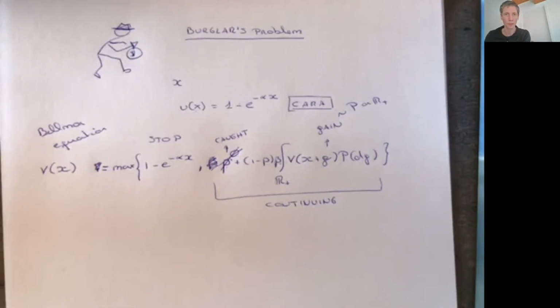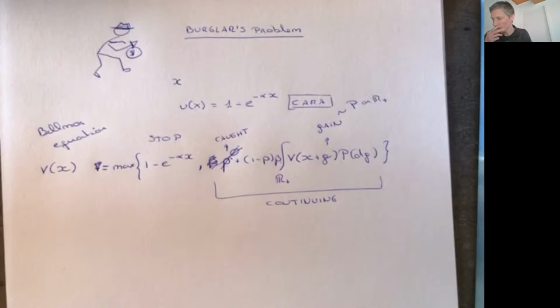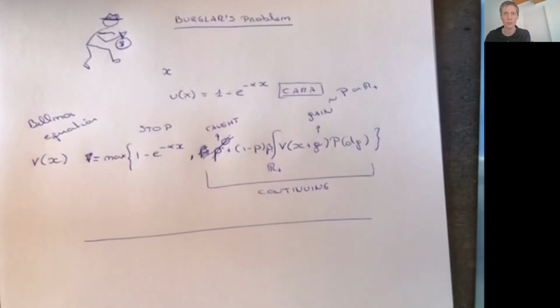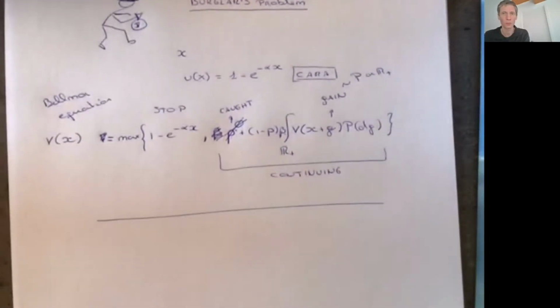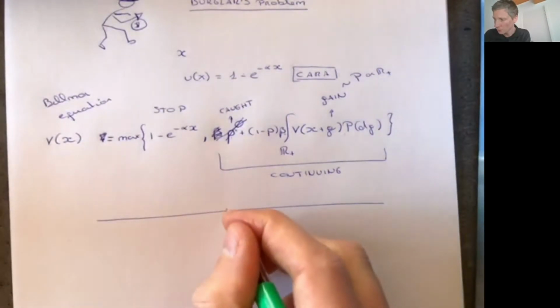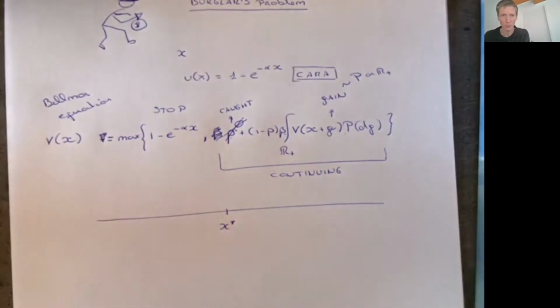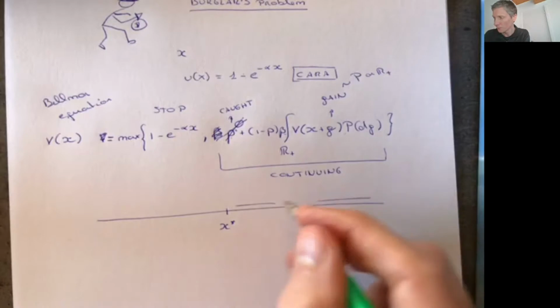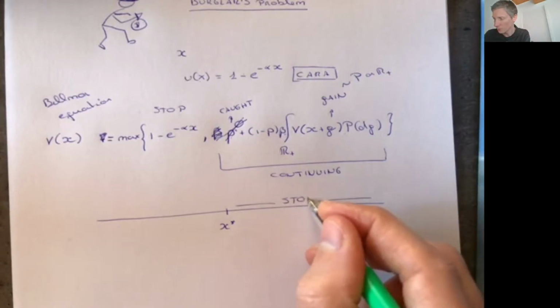We're going to assume some kind of decision rule, and then we're going to show that this decision rule is indeed the correct one. Assume there's some amount of capital X star such that if X is bigger than X star, he's going to stop.